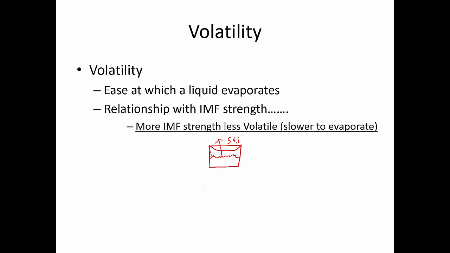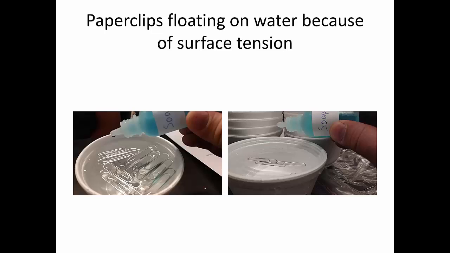Here are a couple of fun demos. We stuck some paper clips on the surface of water using surface tension, and then by adding a little bit of soap, we broke that surface tension and caused those paper clips to tumble and fall to the bottom.